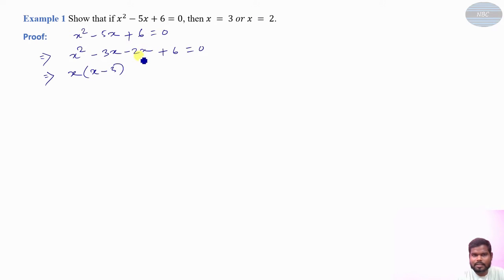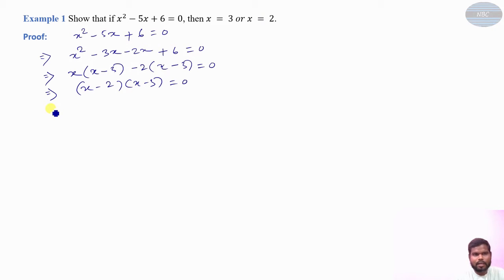In the next two terms, minus 2 can be taken as common. Now this can be written as x minus 2 times x minus 3 is equal to 0, because both are equivalent.